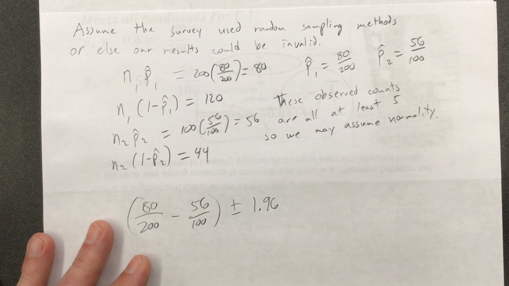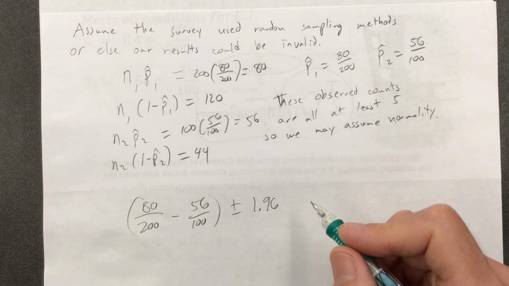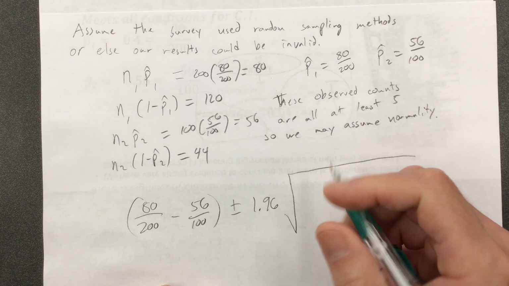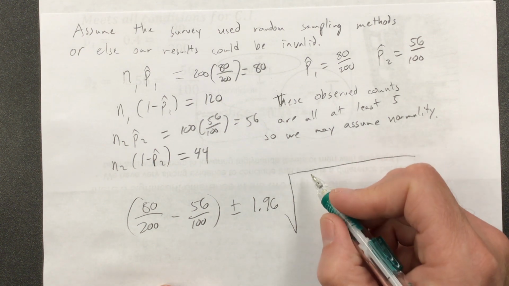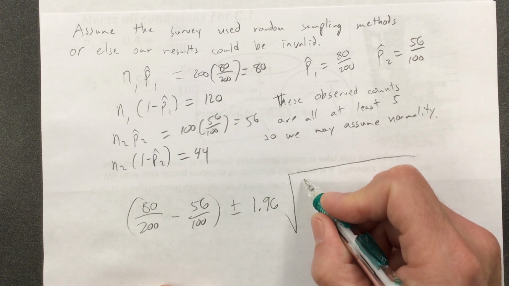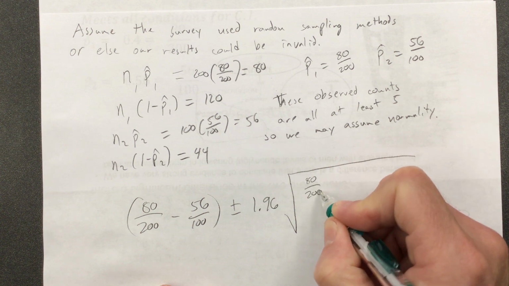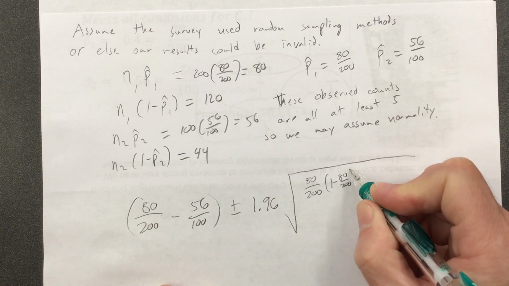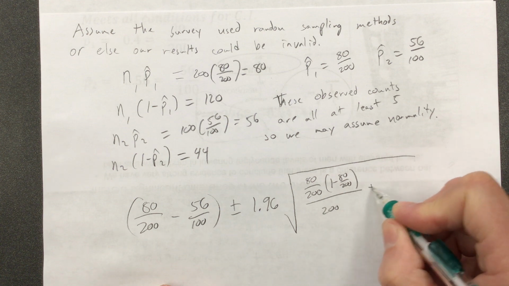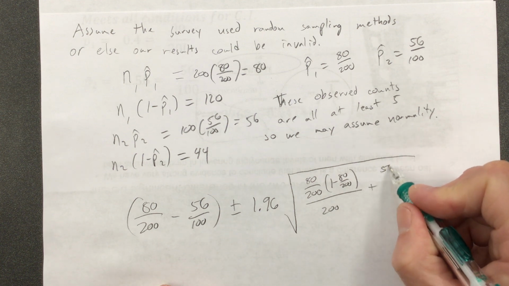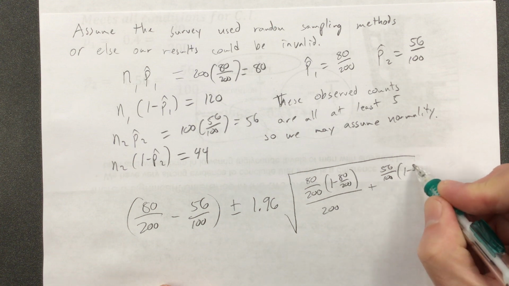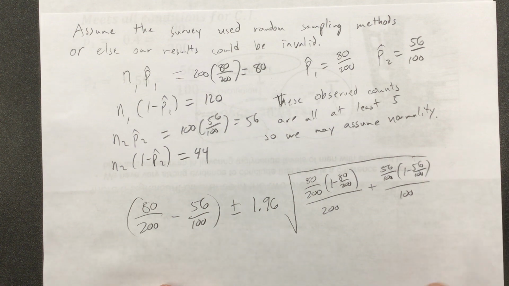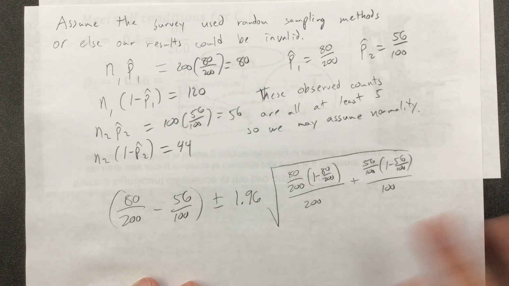Again, we get to use Z, so 1.96. 80 out of 200, 56 out of 100. There we go. So there's the work.